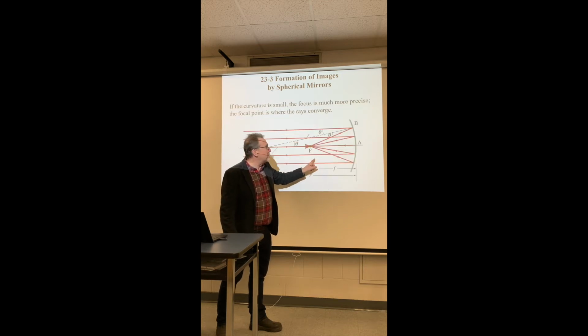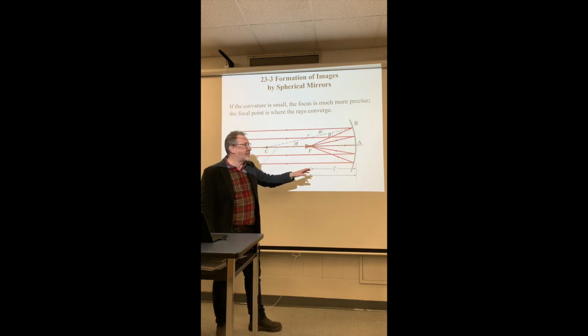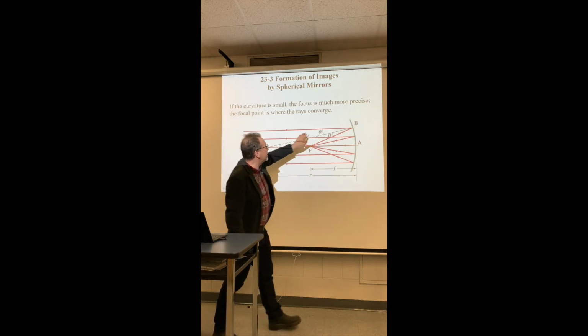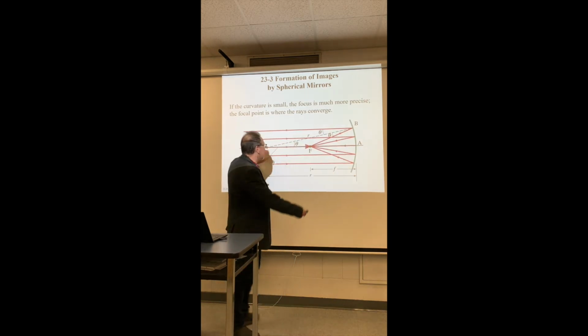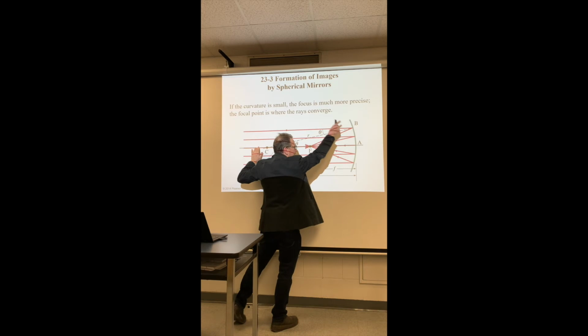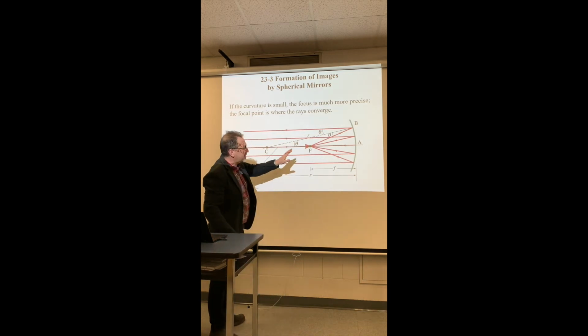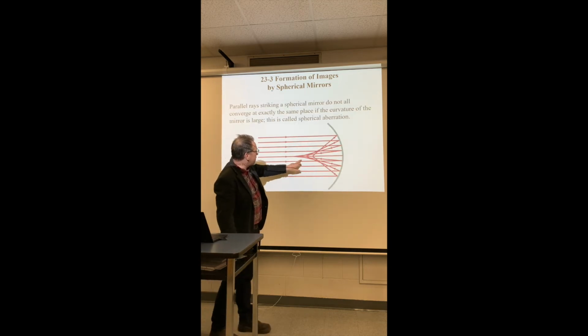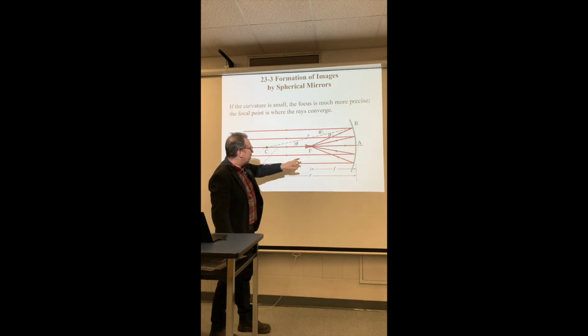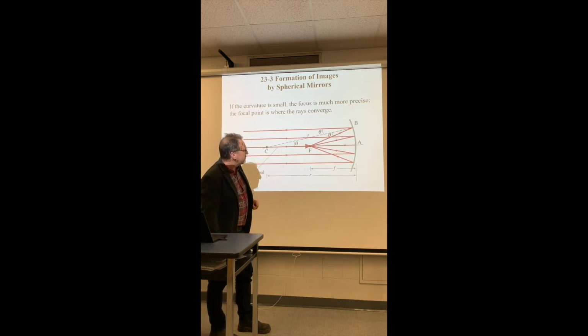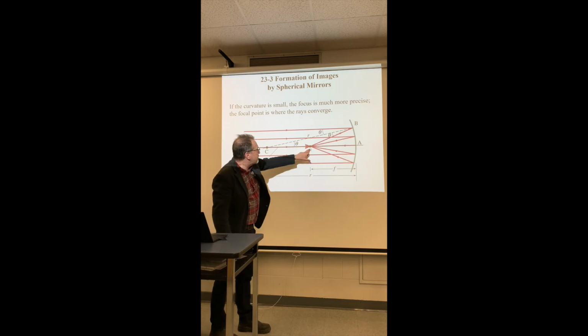If we look at a mirror, again a circular section, the curve on this is much less, meaning that the radius of curvature is much larger, right? So this is a section of a circle, but it doesn't curve much. So if we go from a very curved mirror, it doesn't bring it to the same focal point. But if we reduce the amount of curvature, then it does bring it to a focal point, okay?